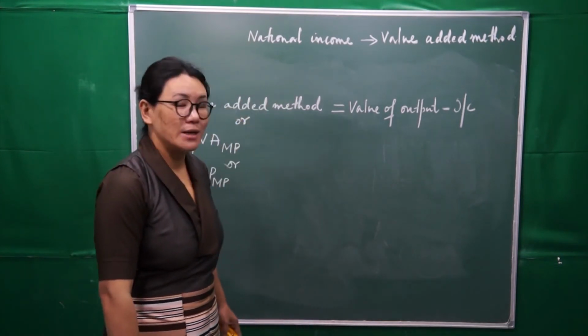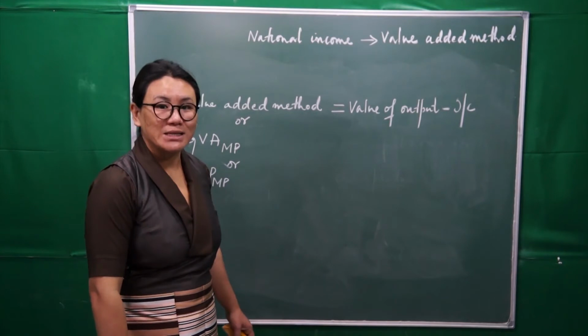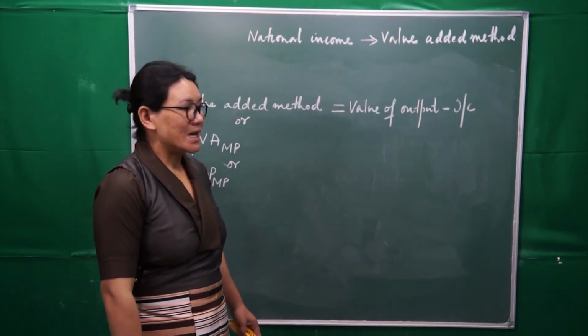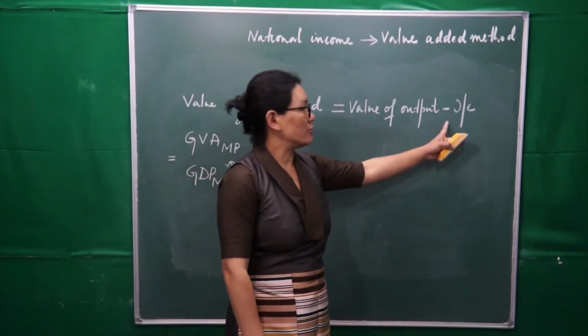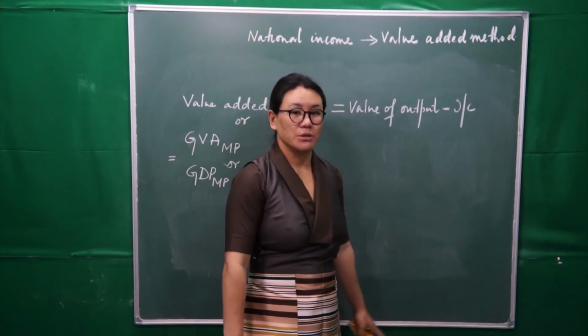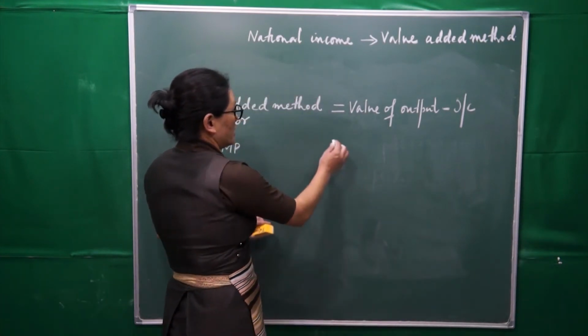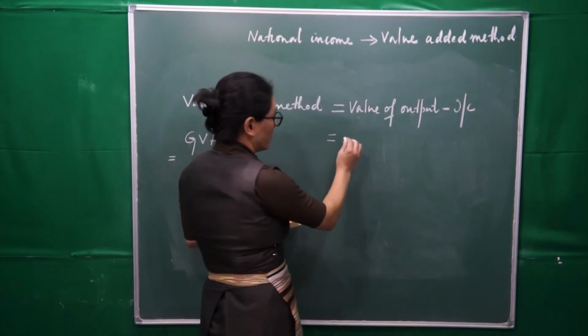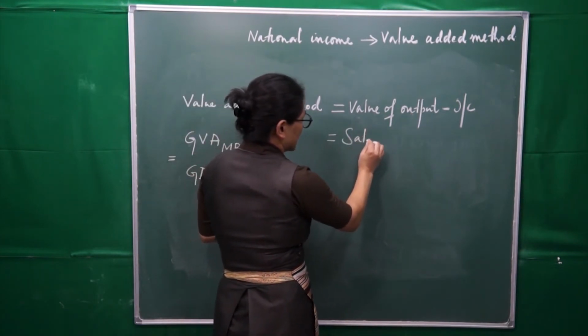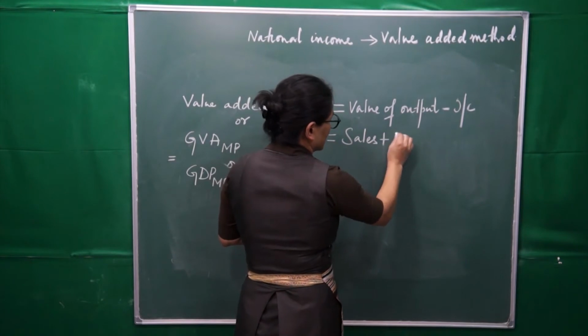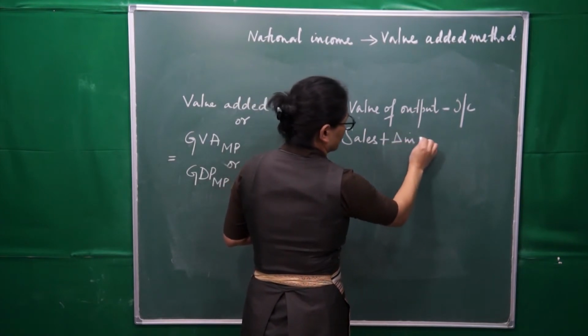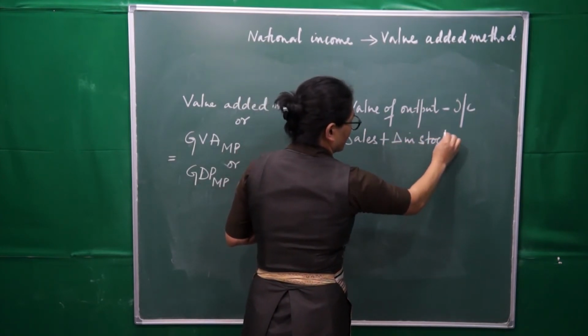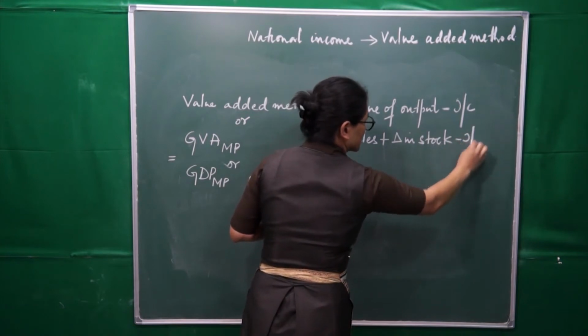In numerical illustrations, you will be getting this word again and again instead of intermediate consumption. Now, what is this value of output? We have seen value of output is sales plus change in stock minus intermediate consumption.